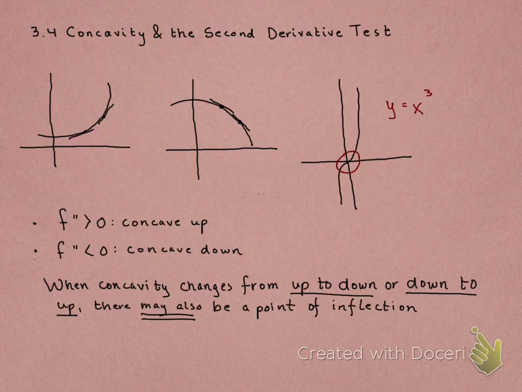So you can see that little squiggle there at the origin is a point of inflection. The graph is concave down on this portion and concave up on that portion. So when the concavity changes, there may be a point of inflection. Okay, so that's what we are going to do. We're going to look for concavity.